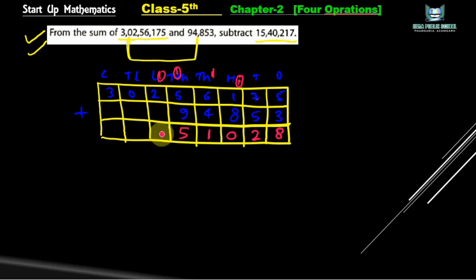So this is the sum of two numbers. Now we have to subtract 15,40,217 from the sum of these two numbers.